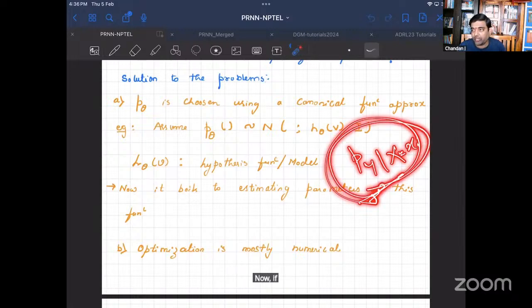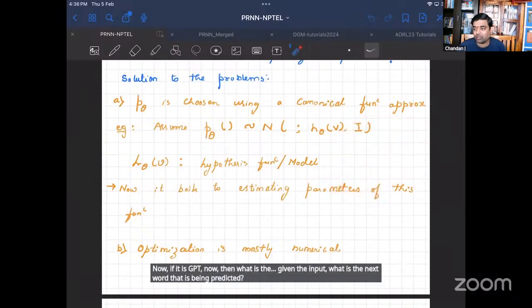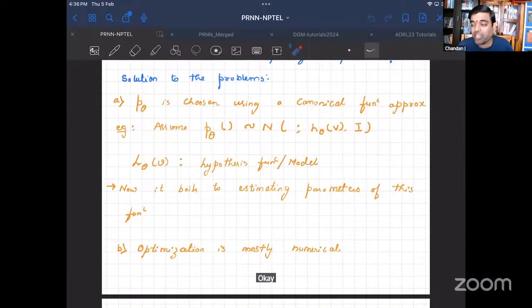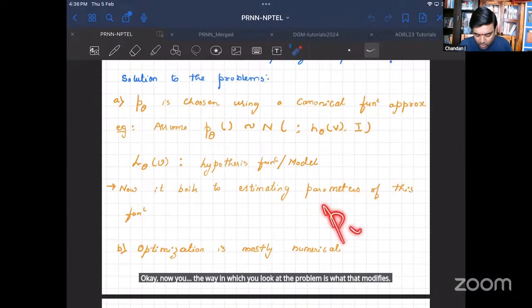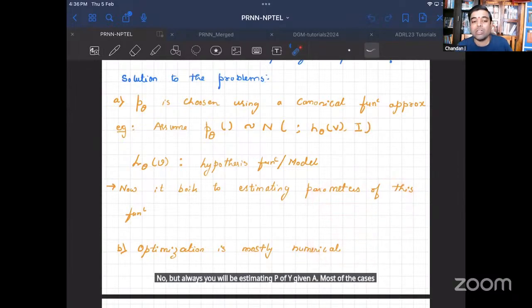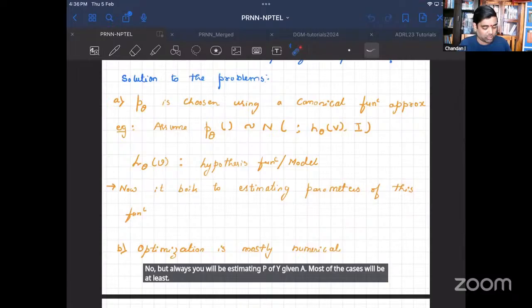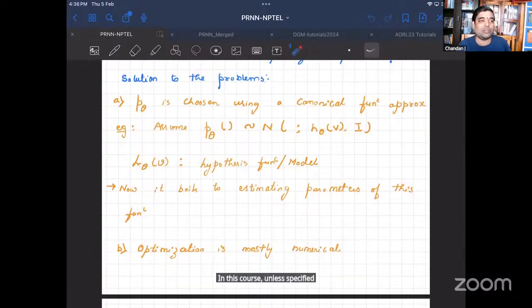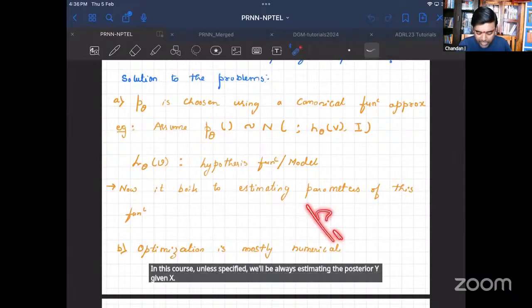If it is GPT, then given the input, what is the next word being predicted? The way in which you look at the problem is what modifies. But always, at least in this course unless specified, you will be estimating the posterior P of y given x.